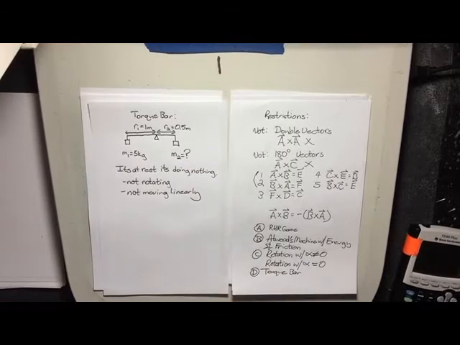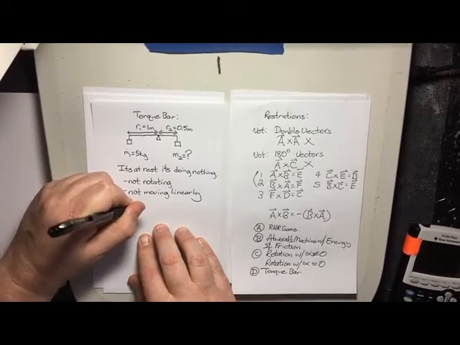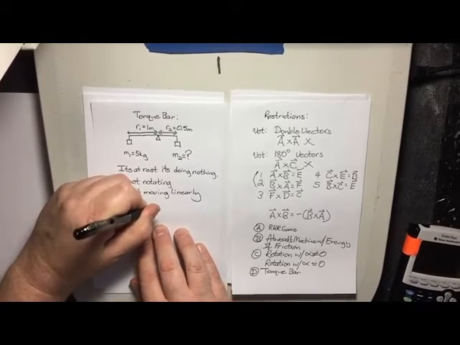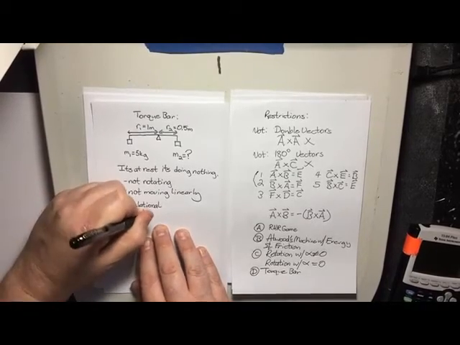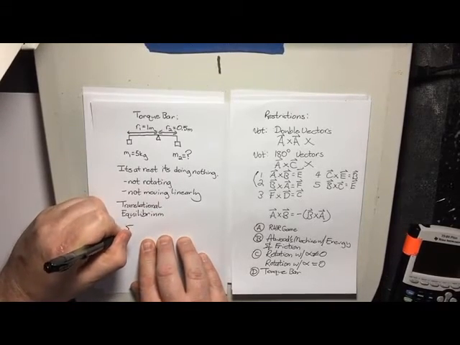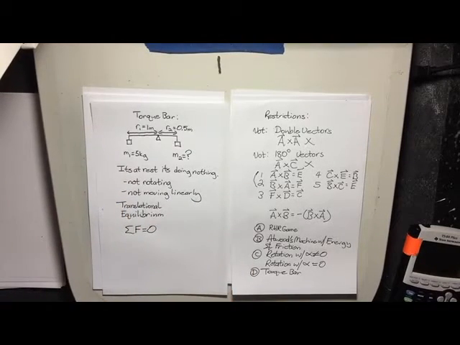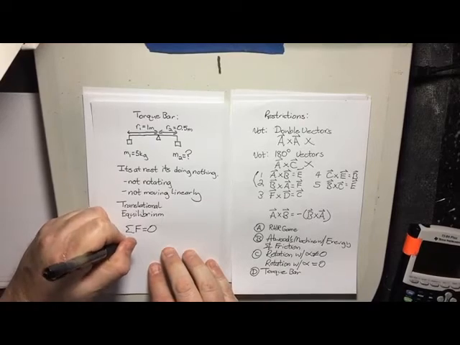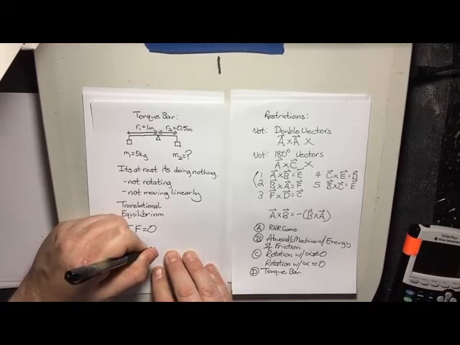Now, you've heard me say a phrase, translational equilibrium. For translational equilibrium, the sum of the forces is equal to 0. So for MA, this particular A is equal to 0.